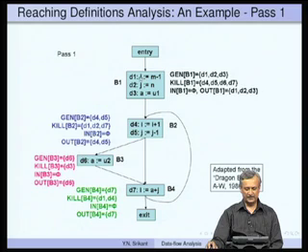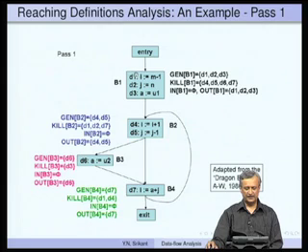D1 assigns a value to i, D2 assigns a value to j and D3 assigns a value to a. At this point, all these 3 definitions are valid because none of them have been superseded by any other definitions. Suppose we had in the same block D4: i = k - 1.